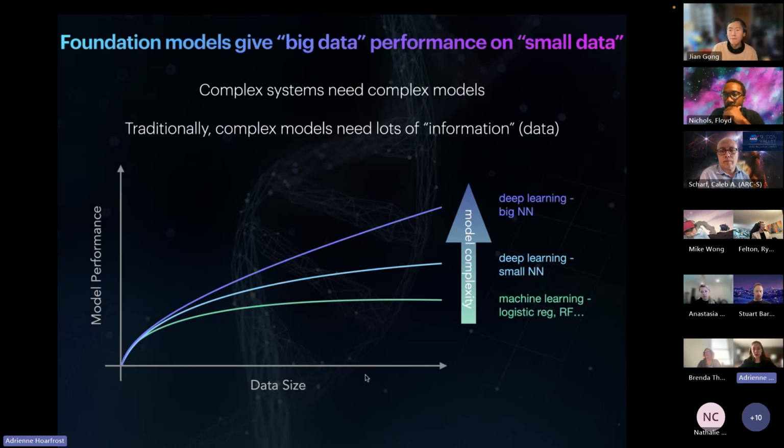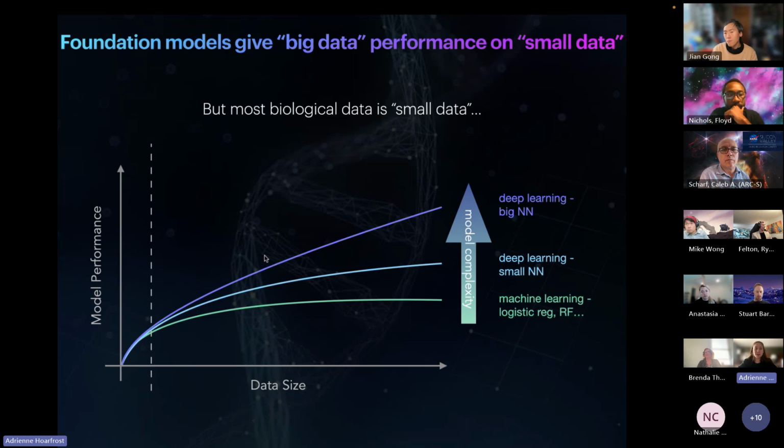So most biological data is this small data here. So we're kind of on this small data. If you try and train a model from scratch on this small data set, it doesn't matter how big your model is, you're not going to get that much better performance because you don't have enough data to learn some of these fundamental features of your underlying data modality, right?